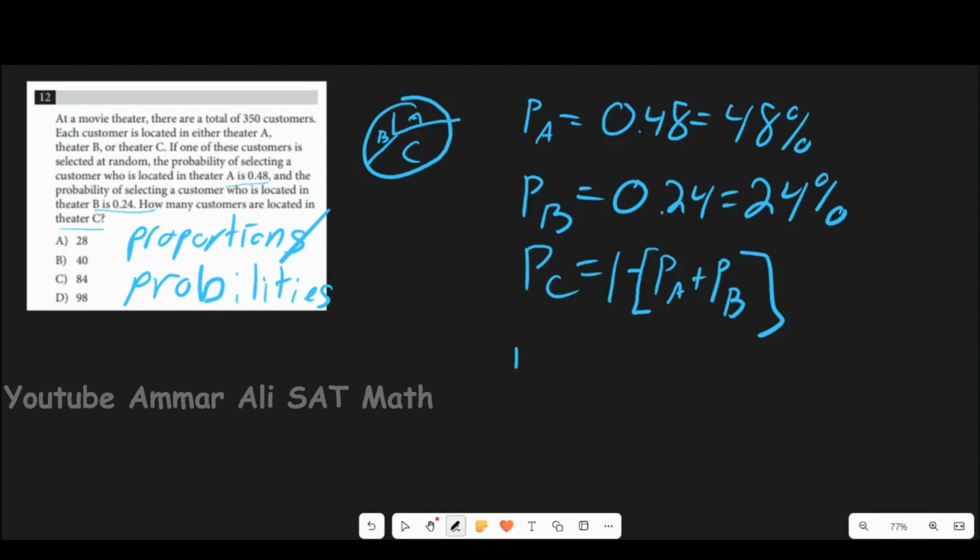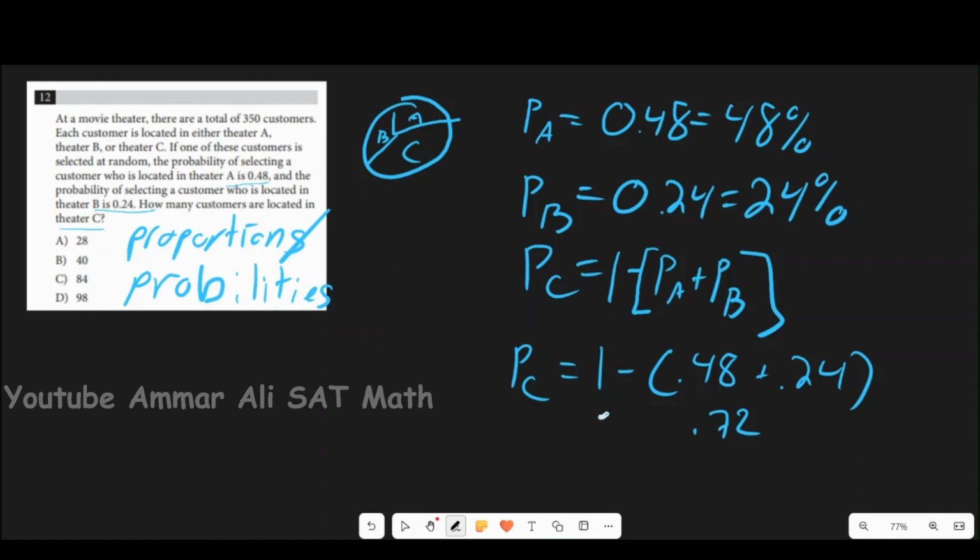So P of C is going to be 1 minus (0.48 plus 0.24). 0.48 plus 0.24 is 0.72.